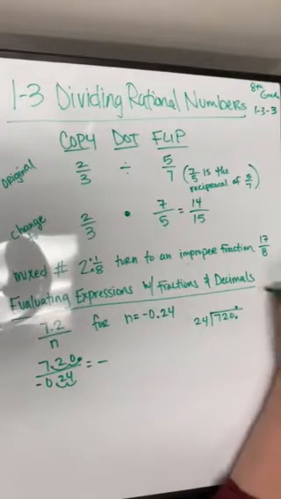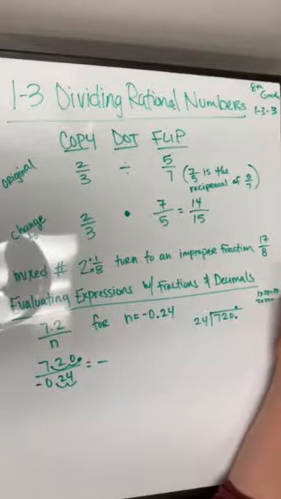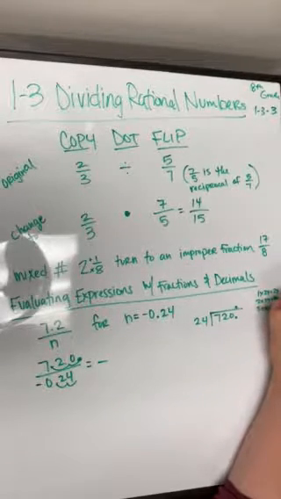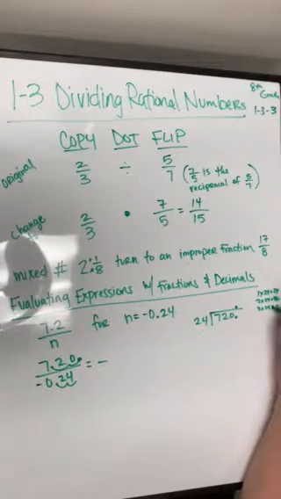I want to do some multiplication. 1 times 24 is 24. 2 times 24 is 48. 3 times 24 is 72.